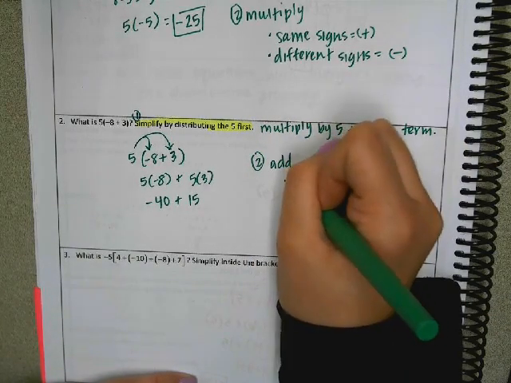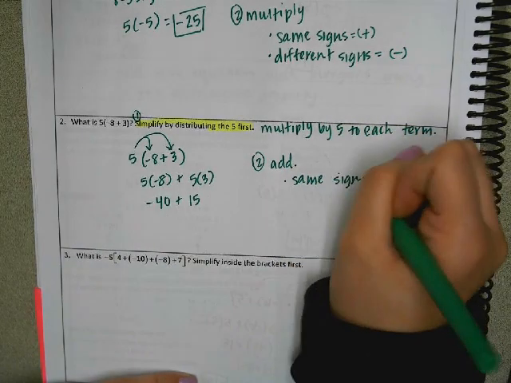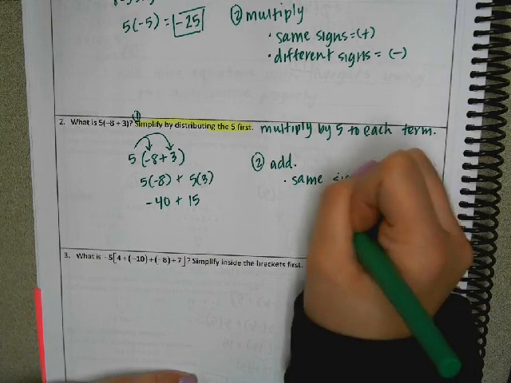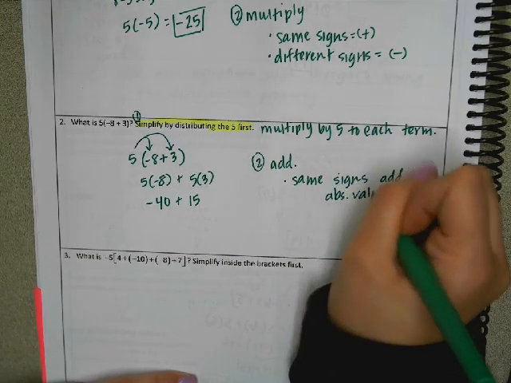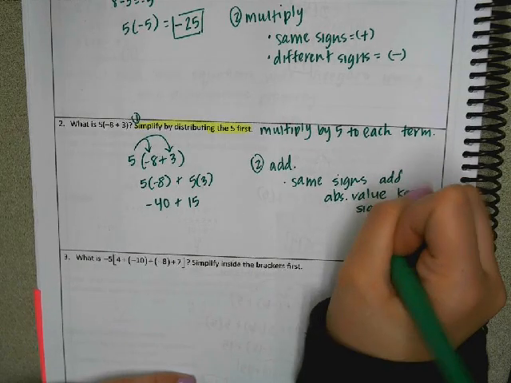And I'm just going to write my little hints down here. So same signs: add absolute value, keep sign. This is just a reminder of what it is.